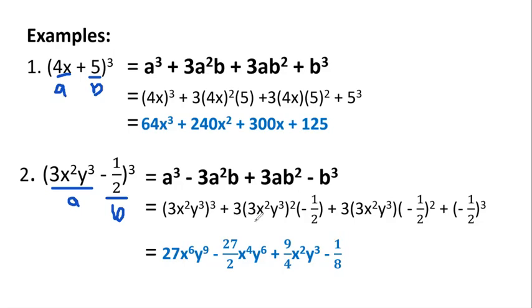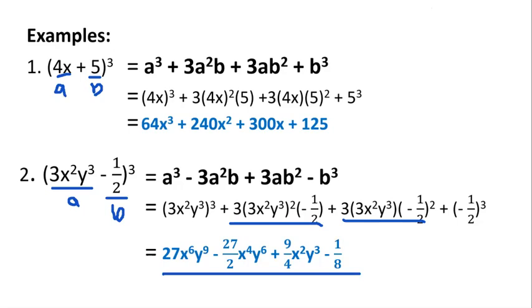And then, multiply natin itong lahat na nandito sa negative 3a squared b natin na term, second term, we will get negative 27 halves x to the fourth times y to the power of 6 plus the third term here, if you multiply all these terms here, magiging 9/4 x squared y cubed minus 1/8. So this is our final answer.